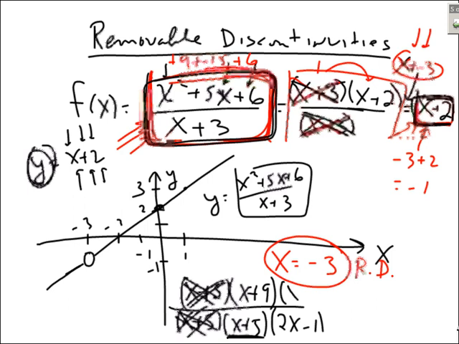For example, if you had x plus 5 a second time on top, well, now it cancels out, and 5 makes the top 14, 5 makes the bottom, I think, 9, everything's okay, it's removable. But if you had another x plus 5 in the bottom, that would be a vertical asymptote.